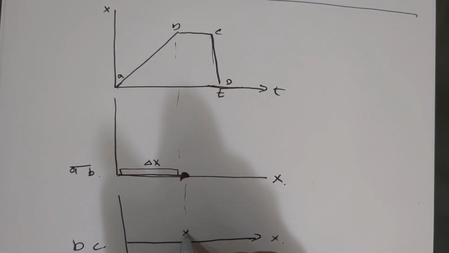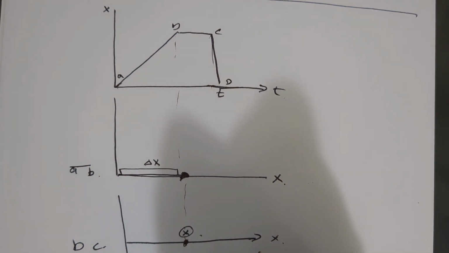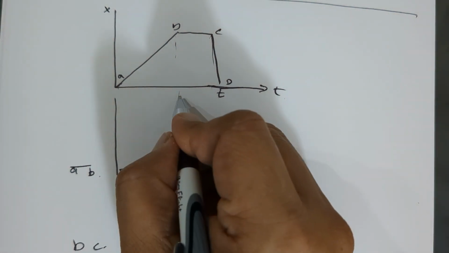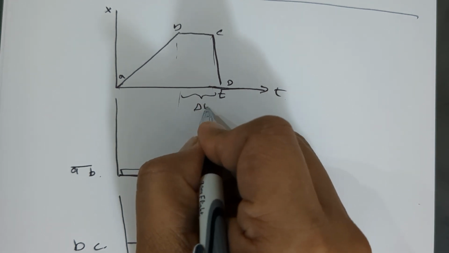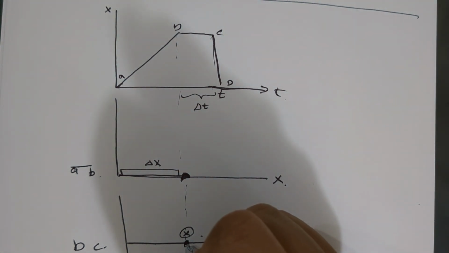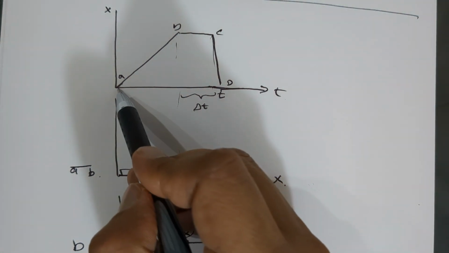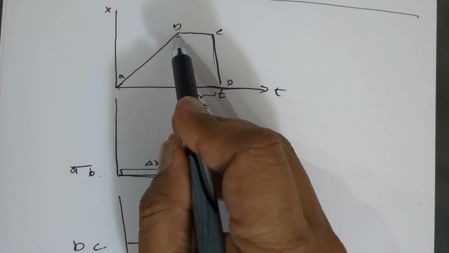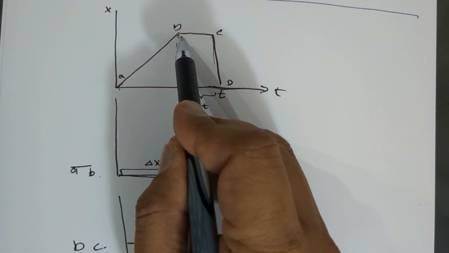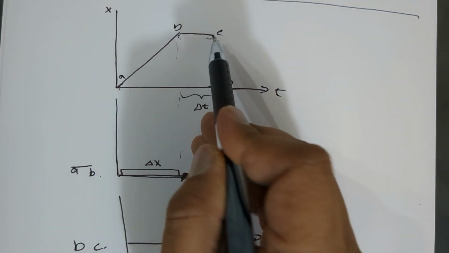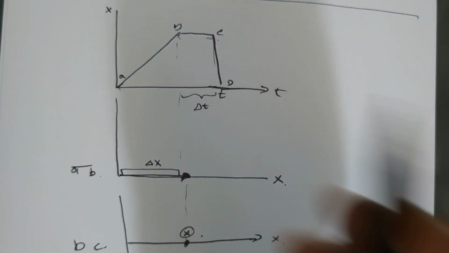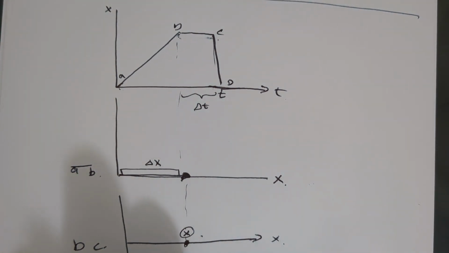You just stayed at that one point. So your t changed. You have delta t right here, but your distance did not change. So you were basically stopped. Imagine you were in traffic. You were driving your car here, you see a red signal, and you just stopped for this period right here from B to C. That's where you're at. And then let's see what happens from C to D.